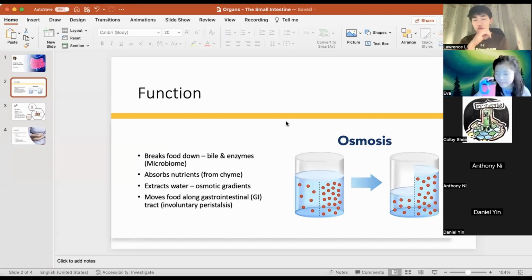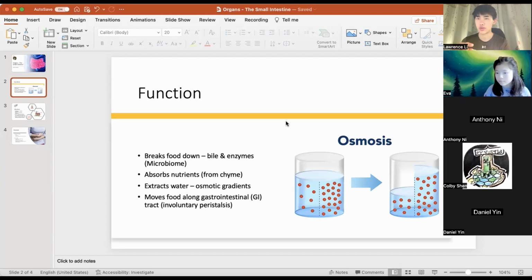I'm just asking if you do fun experiments. Like, do I have a small intestine that does this that I can show you guys? Is that what you're asking? No, do you do these kinds of experiments in high school?